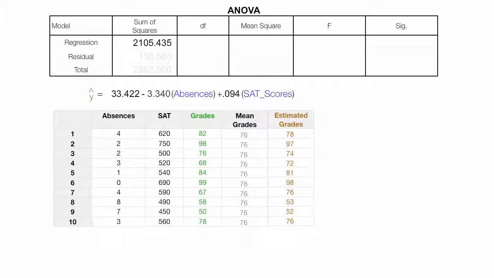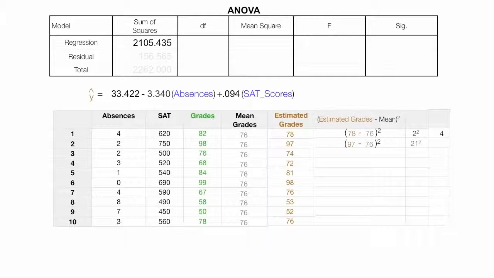The way I calculated estimated grades is just by plugging in the actual values for absences and SAT scores. Now I take the estimated grades minus the mean, which is 78 minus 76, and I square that. So I add in a column, and 78 minus 76 is 2, so I have 2 squared, which is 4. Again, I'm rounding, it's okay.